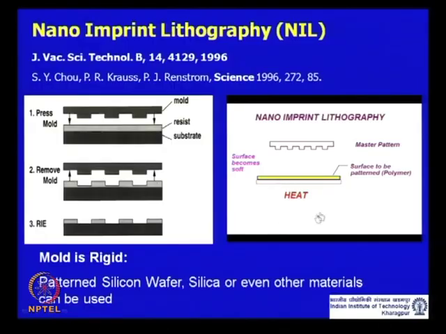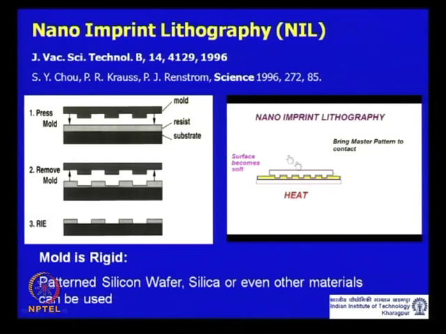Once it is heated, the polymer film becomes soft, and then you bring in the mold or the stamp, press it hard against the heated polymer film with the application of external force, and then you cool it down while the external force is still being applied.